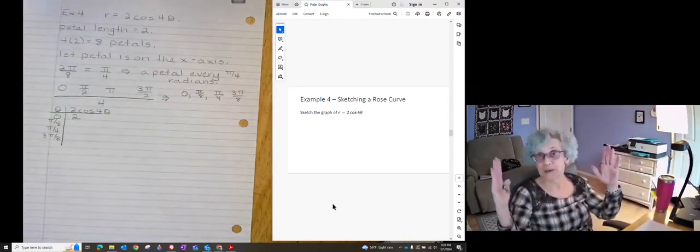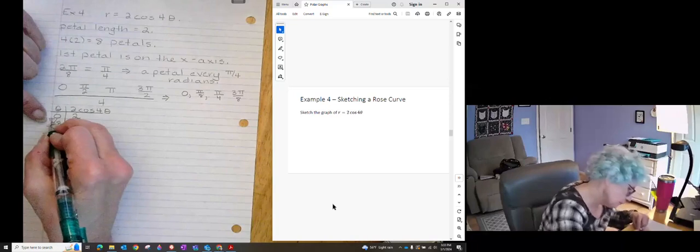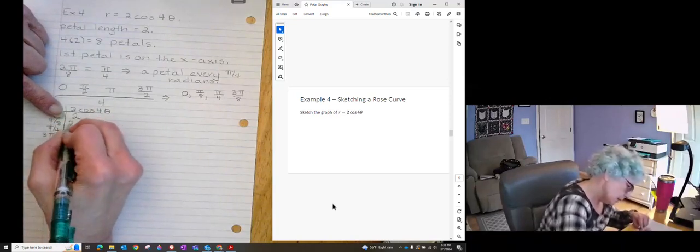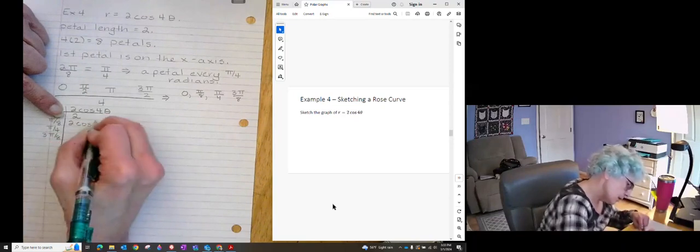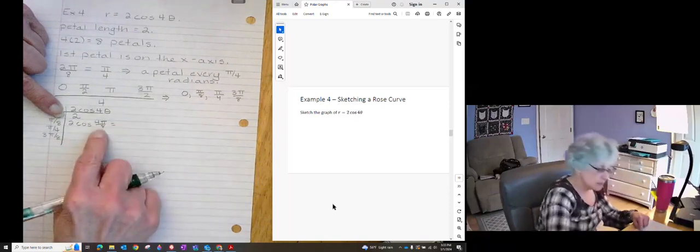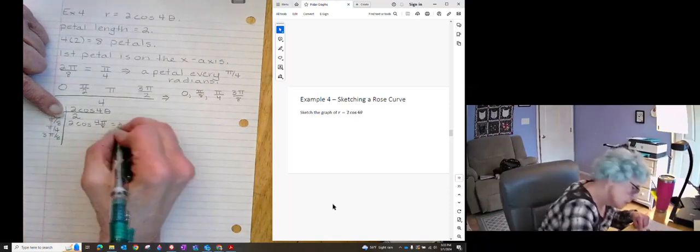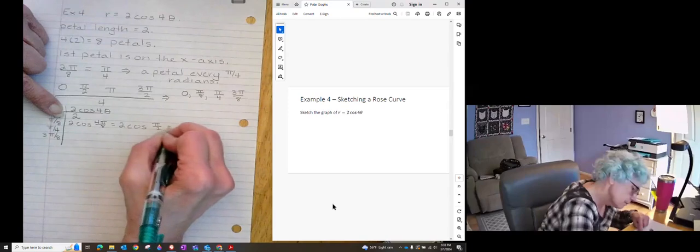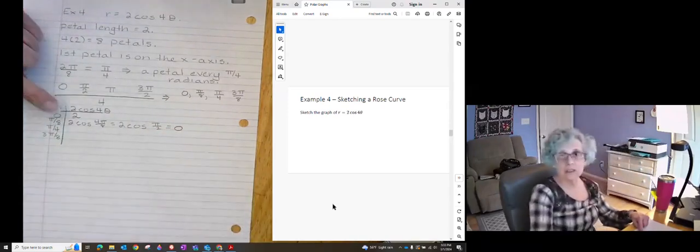That's the first petal sitting there. At pi over 8, I plug in 2 times cosine of 4 times pi over 8, which is cosine of pi over 2, which gives me 0.